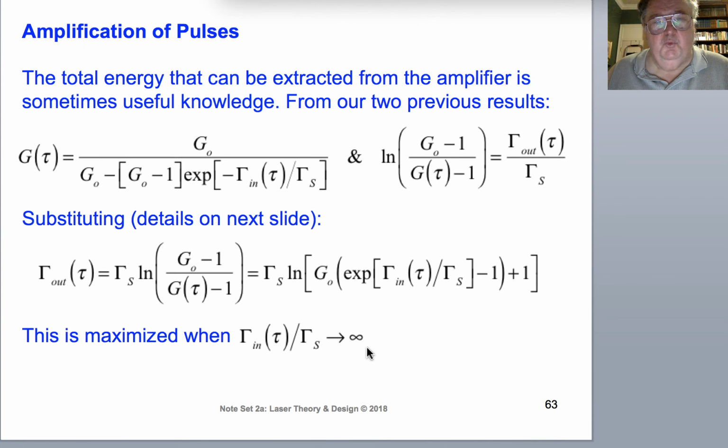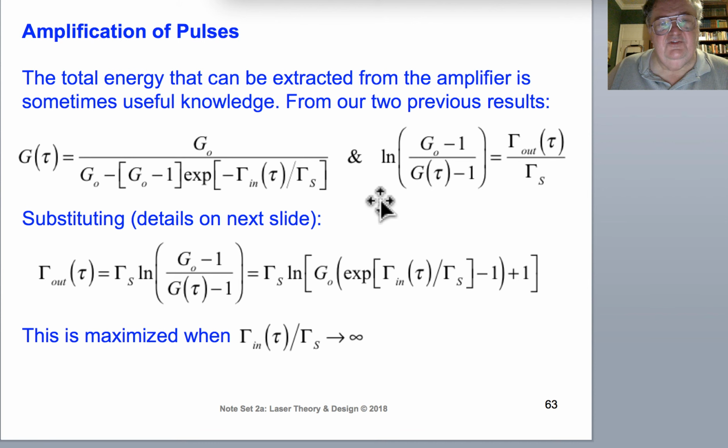The last part of that homework question, let me just finish up quickly with this, asks you how much energy can be extracted from the amplifier. That's sometimes useful information. What's the most energy I could ever get out of this thing? Well, I have two results that I could draw on. Remember our expression for the gain, where we eliminated I out and got this result, and then our expression for the gain where we eliminated I in and got this result.